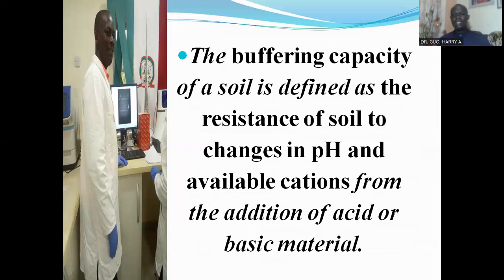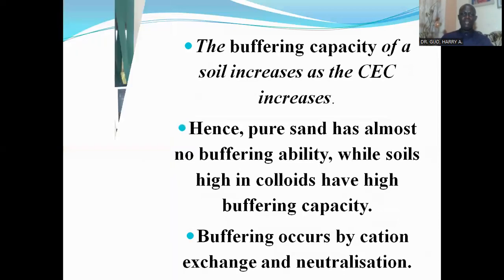So when acidic or basic materials are added, the ability of the soil to resist changes in pH is its buffering capacity.